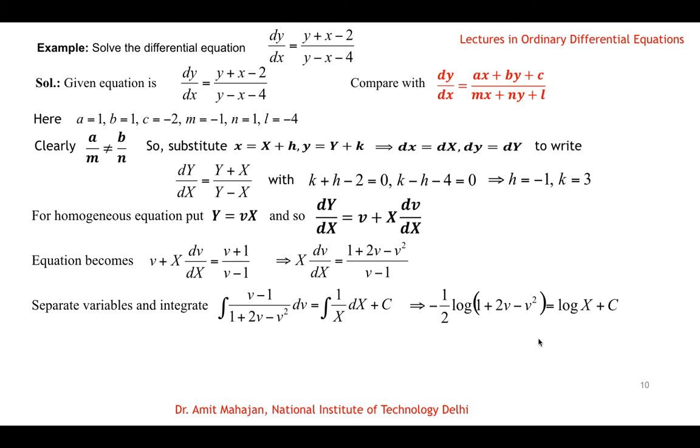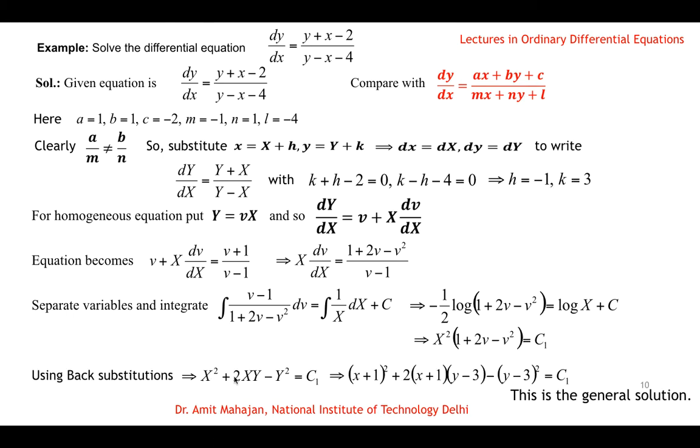Similarly, log of X. You can combine these terms, then back substitute v as Y/X, and then capital Y as y - k and capital X as x - h, where k and h are known. Then we get this solution, which is the solution of the original differential equation.